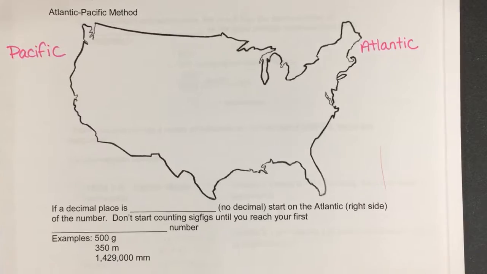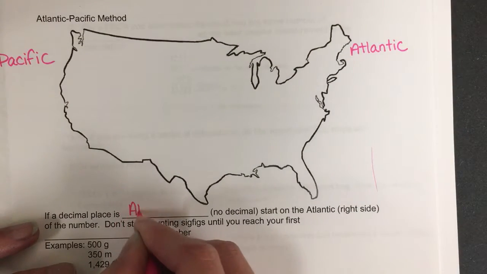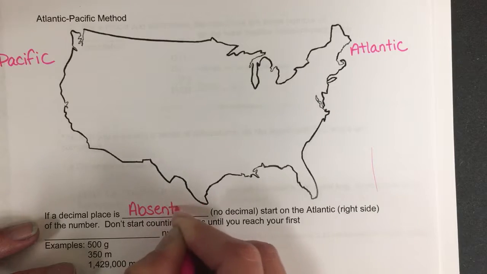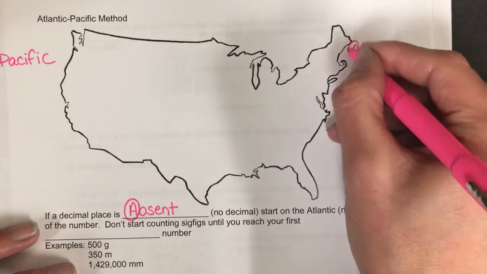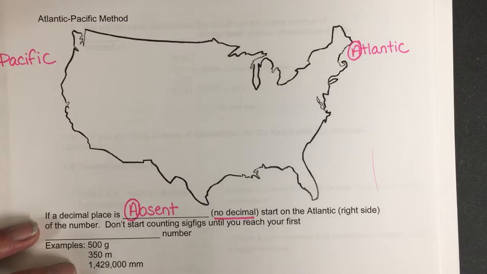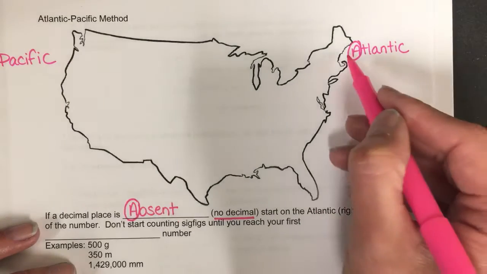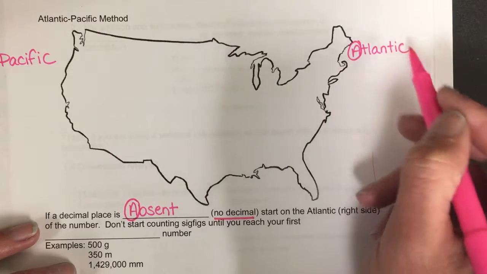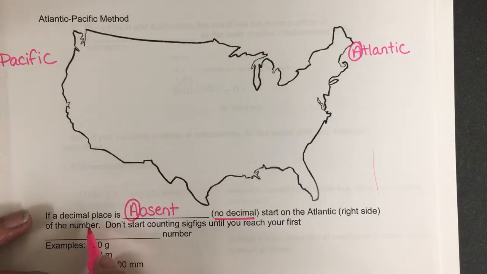Here's the way that this works, okay? If a decimal place is absent, absent starts with an A, Atlantic starts with an A. So if there is no decimal, I'm going to start on the Atlantic side, the right side, because the Atlantic Ocean is over on this right side. I'm going to start on the right side of my number.